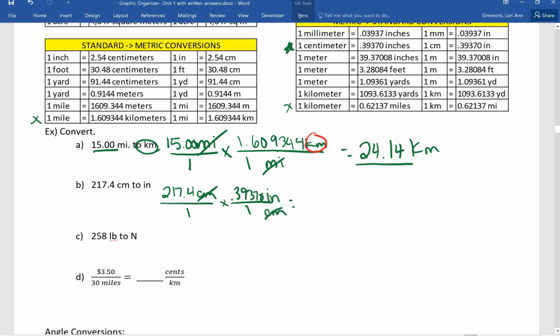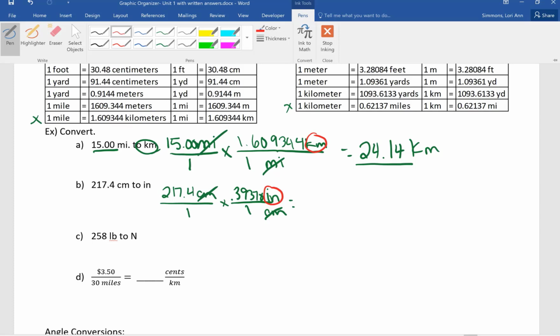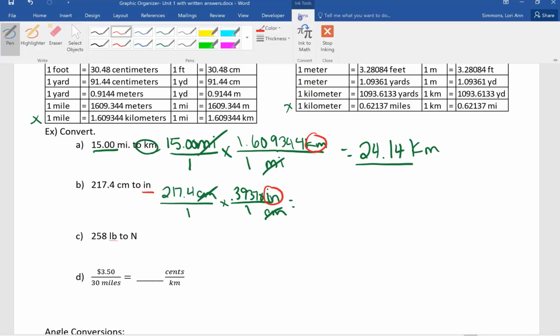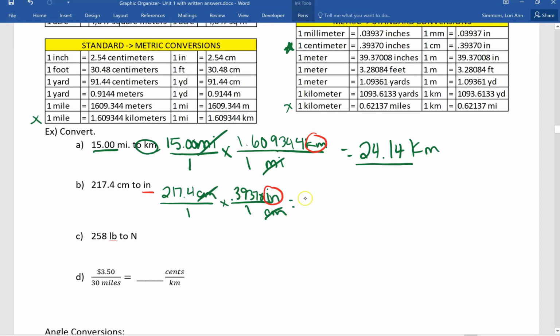Centimeters cancel, and your units that you'll be left with is inches, which is what you want right here. So when you multiply those two numbers, you get 85.59 inches. Again, 4 significant digits.